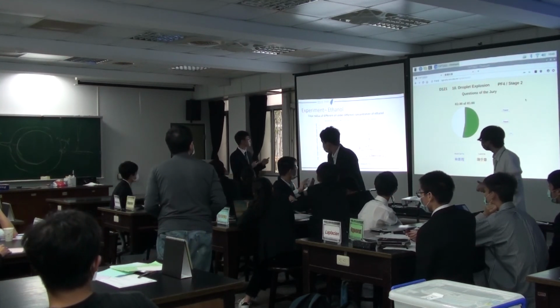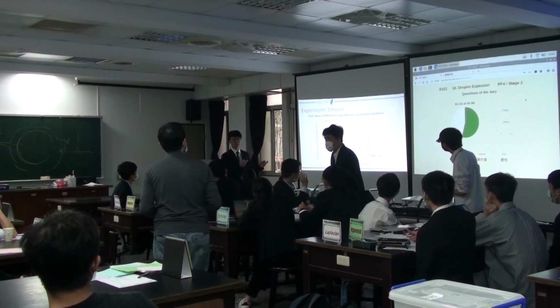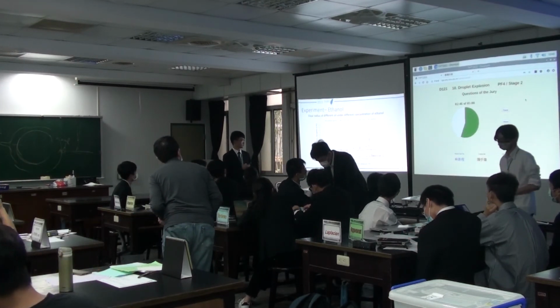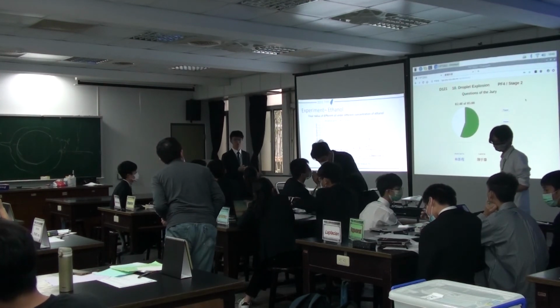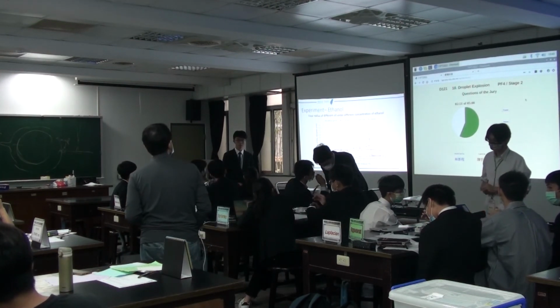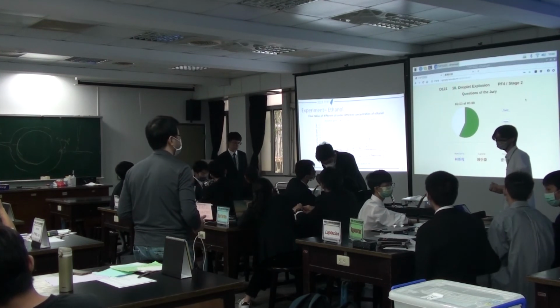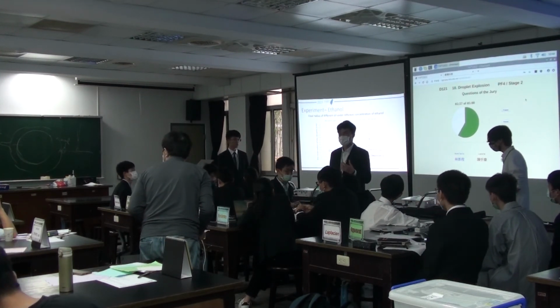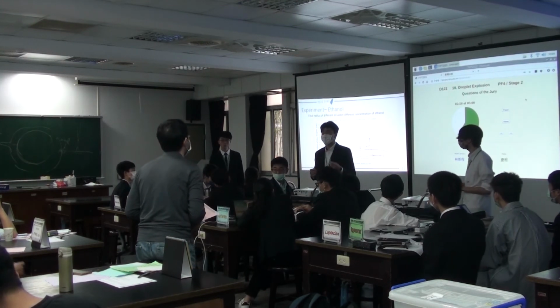Our experiment also used alcohol. Excellent. You can find out the relation that is different. Different alcohol types have different density and different evaporation rates.